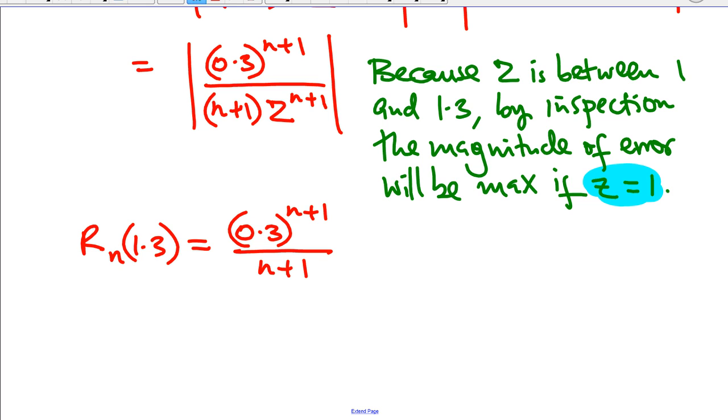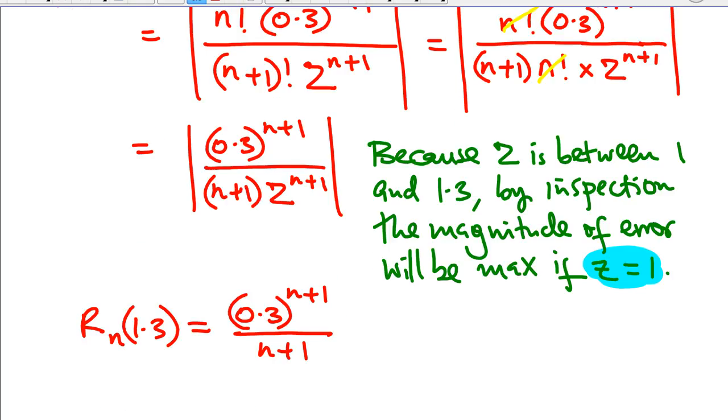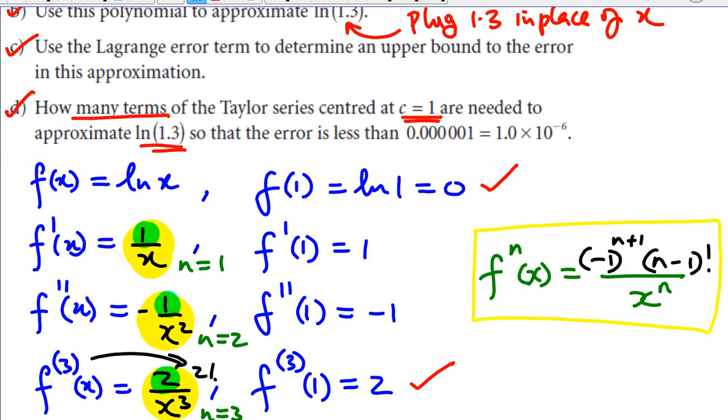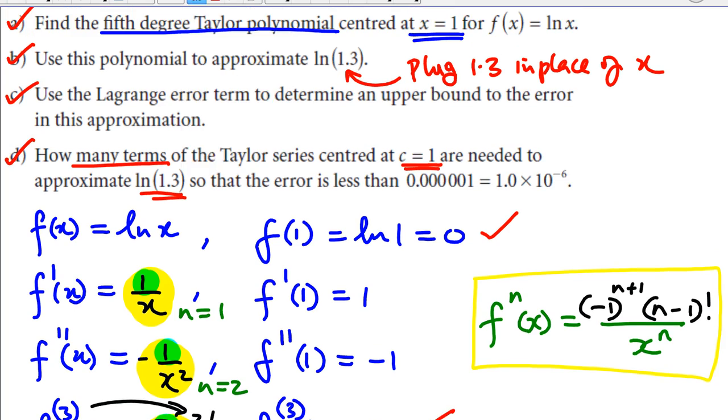Now, we want to find the value of n such that, back to the question, how many terms of the Taylor series are needed to approximate this so that the error is less than that. So what we have to do is form an inequality here and use our graphing calculator to find out what it is.